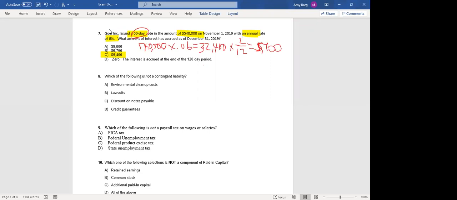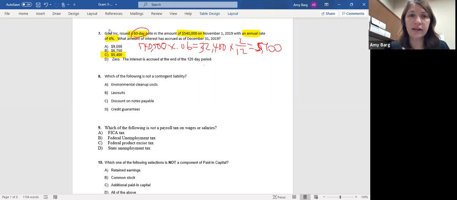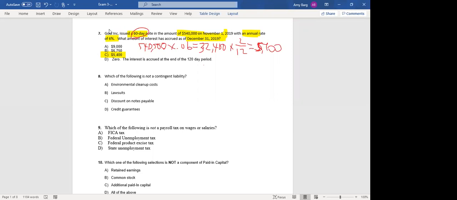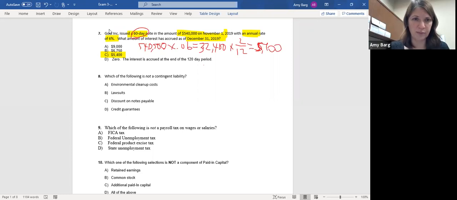So that 2 is just for the length of the note? Right. It is for the length of the note. It is also, if it was a 12-month note, though, because it's November 1st, and now we want to know how much has accrued on December 31st, that's 2 months. Okay, thanks. So it works for either situation, is my point.